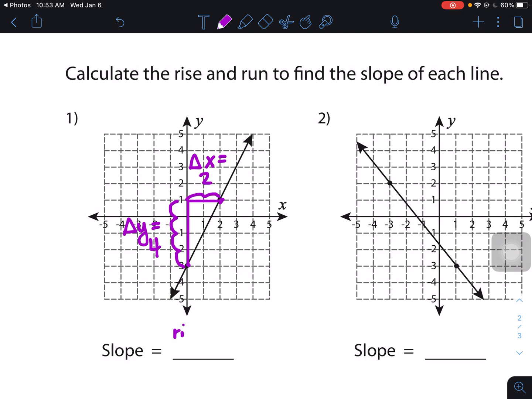So slope equals rise over run. My rise is my change in y. My run is my change in x. 4 over 2. 4 divided by 2 is 2. My slope is 2.